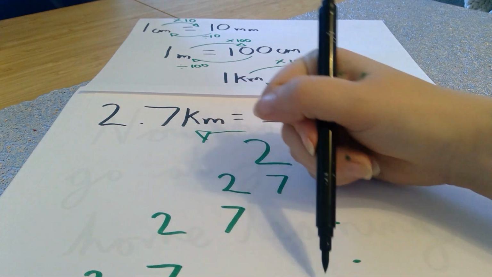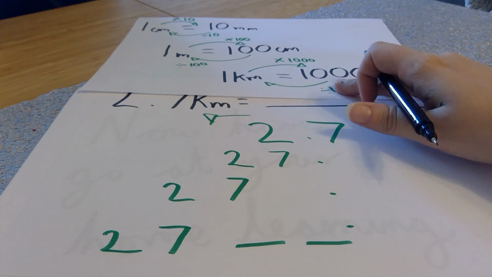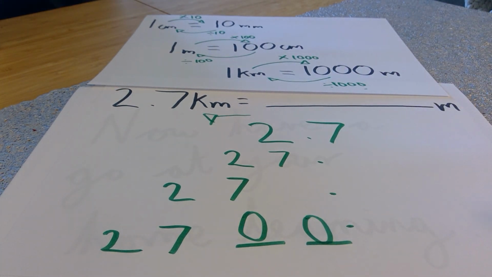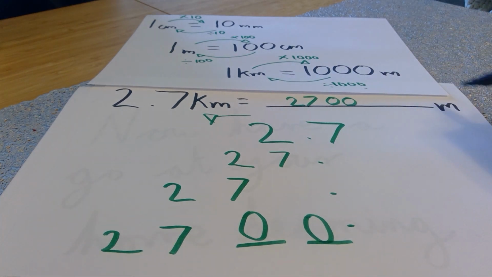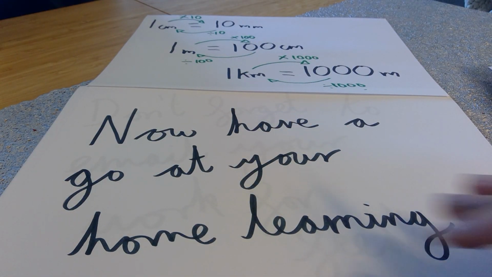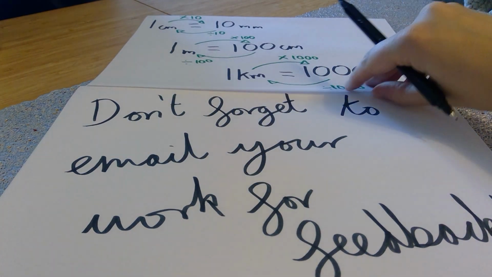But I have 2 empty columns, which is not okay. So what should I fill it with? 2 placeholders. Excellent. And when I write my answer, I don't need to put the decimal place because there's no numbers after it.